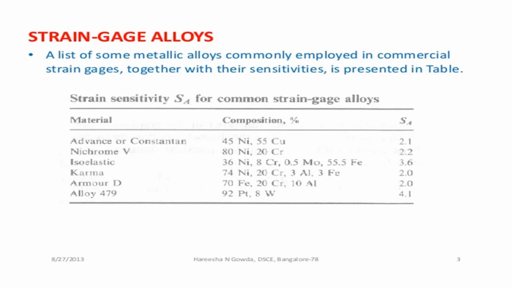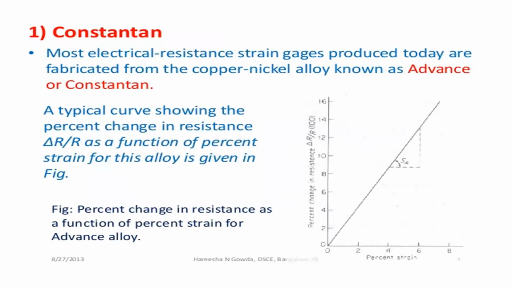These are the different composite materials mixed to form different types of strain gauge materials. Next, first one, constantan: how it should be maintained, what the manufacturing procedure is, and how much percentage is mixed to form it.